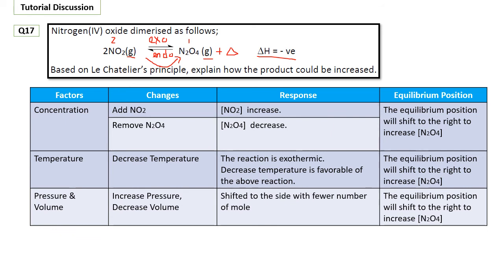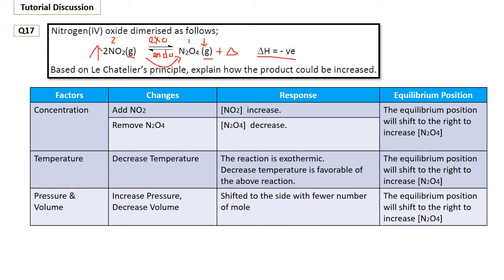So for concentration, if I want the system equilibrium to shift to the right side, I must increase the concentration of NO2 by adding more NO2 and decrease the concentration of N2O4 by removing N2O4. Then the equilibrium position will shift to the right to increase the concentration of product N2O4.